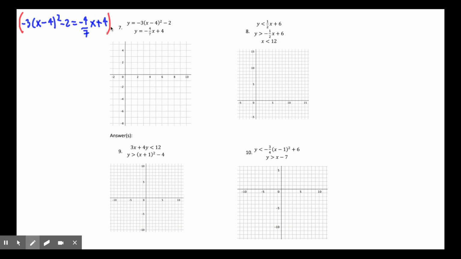Ooh, multiply by 7. And then you get -21 times (x minus 4) squared minus 14 equals -4x plus 28. That's a lot easier, I think. So let's just add 14 here.